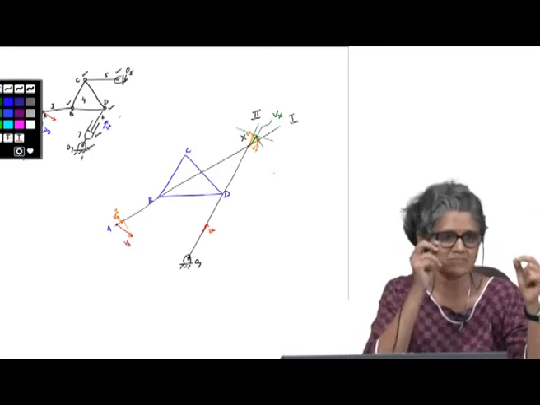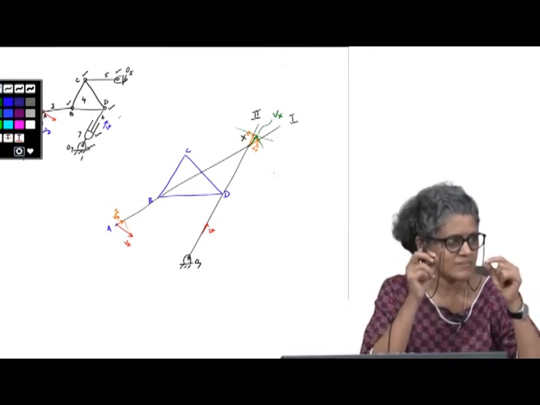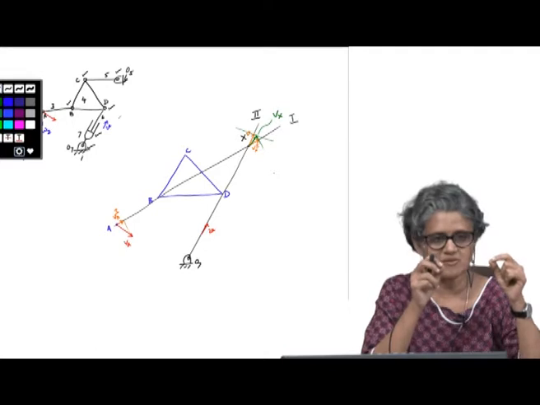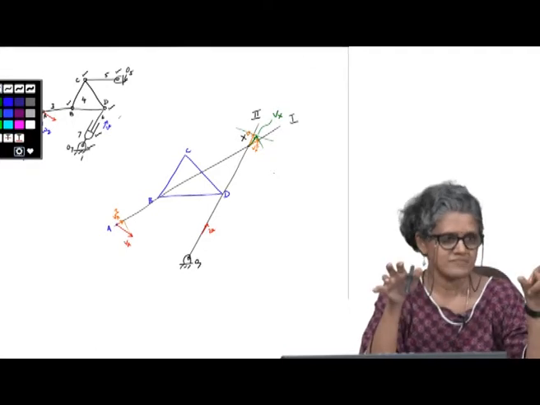See, that is the thing. To determine the velocity of any point, I need two components.